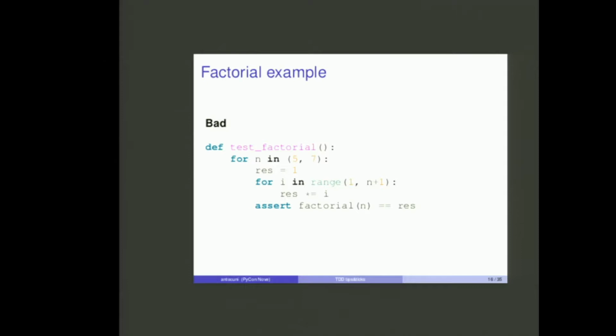Basically, here there is a for loop which re-implements the same logic as the factorial function itself. You have to read it to understand what it's doing. It's multiplying numbers, etc. And then it checks that the result is correct. But here, really, I'm not testing anything, because it's likely that I wrote the same kind of code in the original function. So if there is a bug, there is a bug in both.